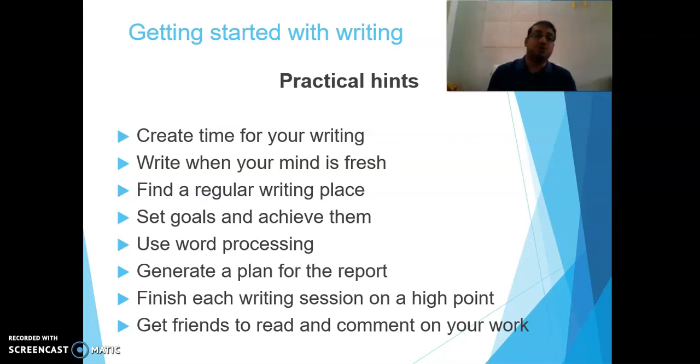Then use word processing. You can generate a plan for the report. Then finish each writing session on a high point. After completing your writing, you may get someone or get your friends to read and comment on your work for further improvement.